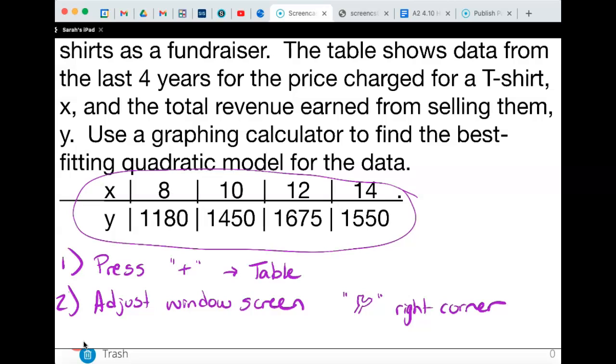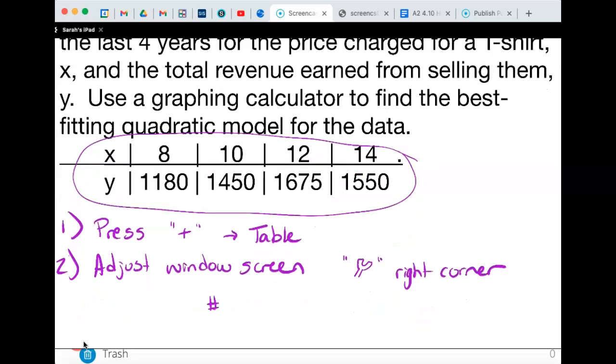Then you can change what the X value and Y value range is. There's some number, less than or equal to X, less than or equal to some number. Same thing, a number less than or equal to Y, less than or equal to a number. So you should adjust those at least so that your smaller number is less than 8. Larger number is greater than 14 because that's what you plotted. Same thing with the Y value, your smaller number has to be smaller than 1180. Larger number should be bigger than 1675. Just so that we can see the points on our graph.